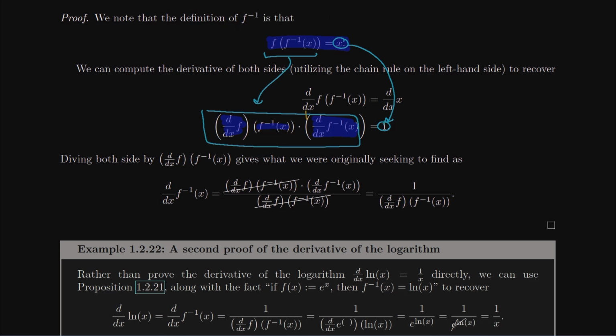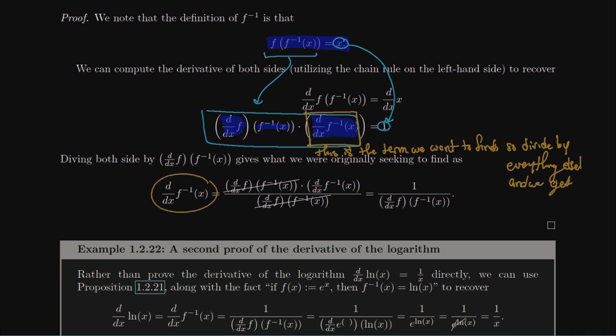It turns out this is exactly the term we want to find, so divide by everything else. We get that the derivative of the inverse is the 1 on the right-hand side divided by everything else, which ends up being the derivative of the forward function evaluated on the inverse. Pretty cool to see.